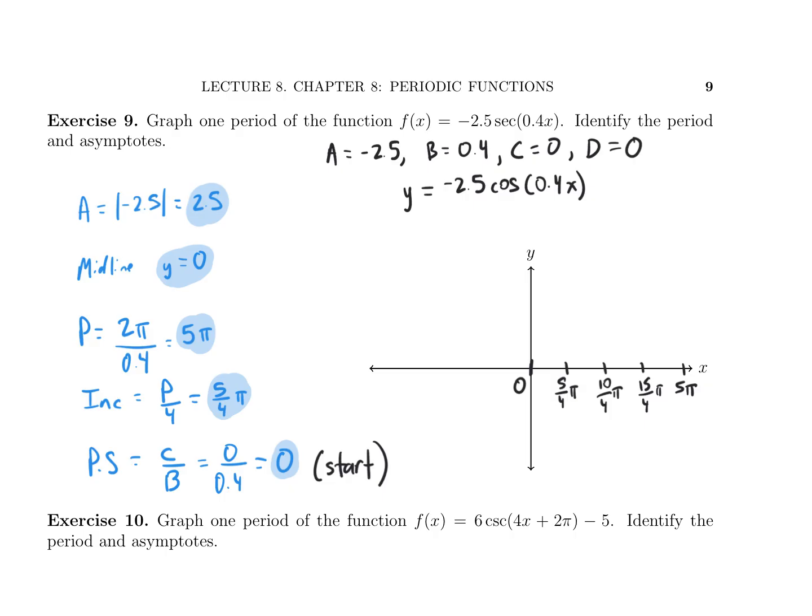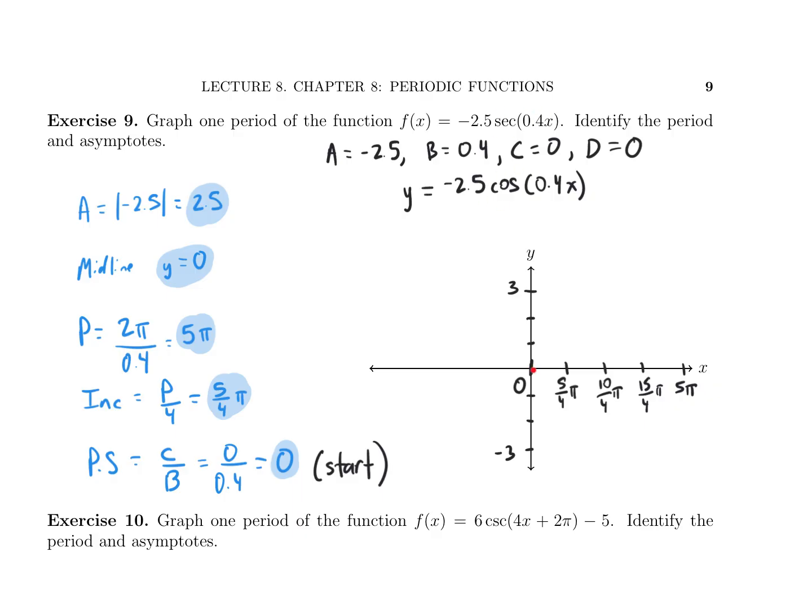Okay, so our midline is 0, so that's just right through the x-axis. We're going to go up to 2.5 and down to -2.5, so let's write the tick marks for the y-axis: 1, 2, positive 3, 1, 2, negative 3. Because we are graphing secant, that's the reciprocal of cosine.